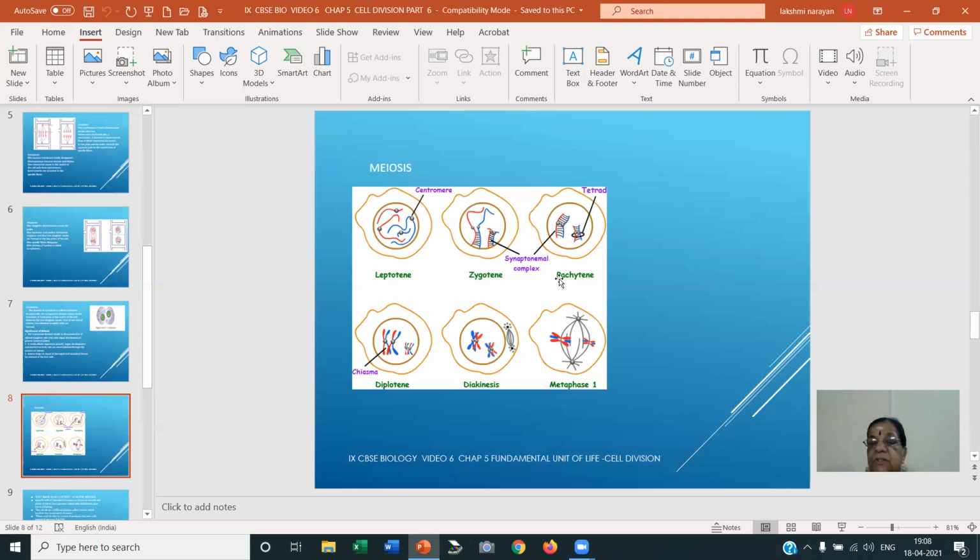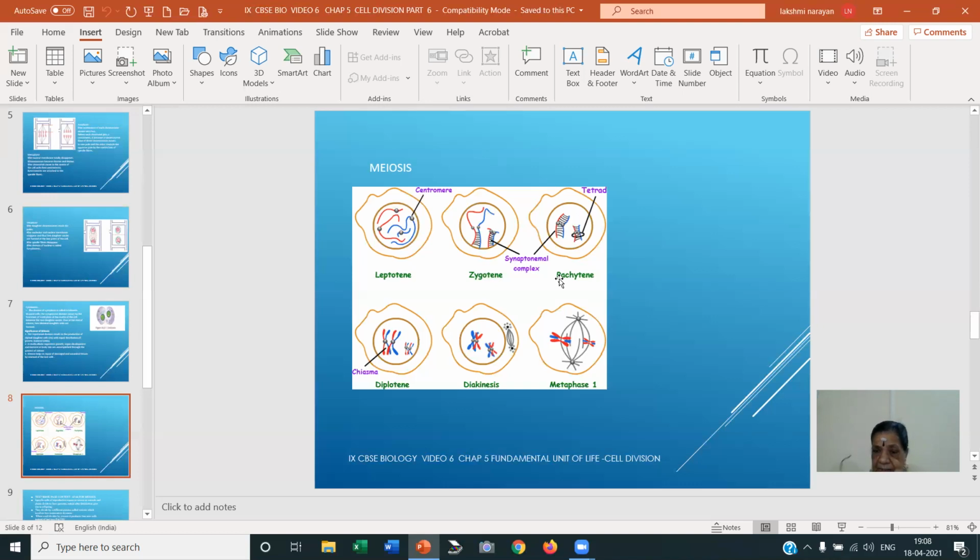And that point of attachment is called chiasma. Chiasma is singular, chiasmata plural. So at that point of attachment, crossing over will occur, and it is a tetrad formation.